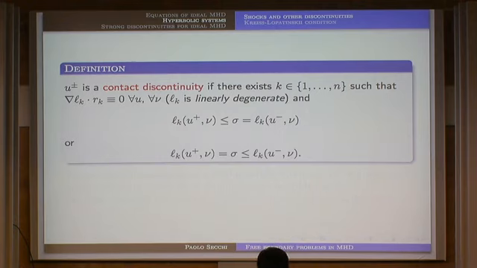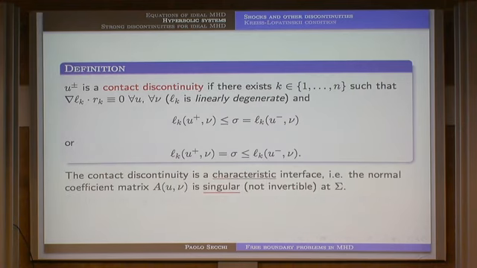Maybe we can have this one, and then this is parallel. Something like that. So this is a characteristic interface, because the coefficient here is not invertible, it is singular at sigma, because one of the eigenvalues coincides with sigma.